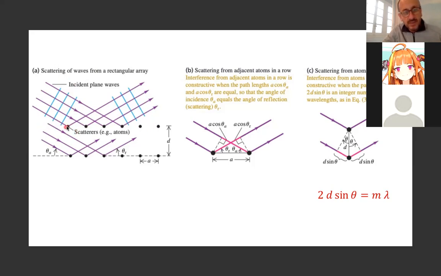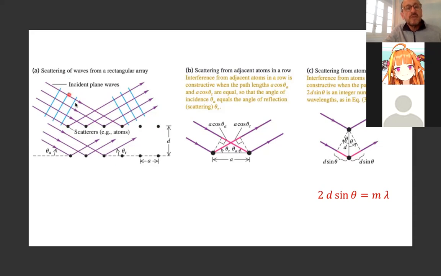This is scattering only from atoms on the surface. You can see that this plane wave is in phase here, in phase here, in phase here, and from here on there's something different. This part strikes this atom and is reflected in this direction, but this part keeps going, and then is reflected. The difference in path from here to here is the same as the difference in path from here to there.